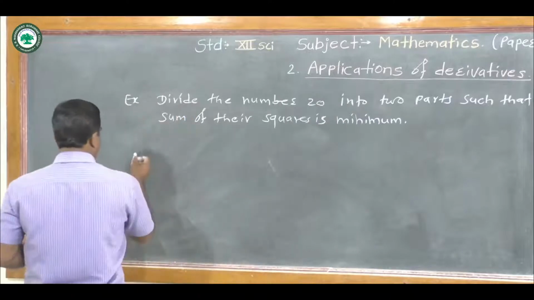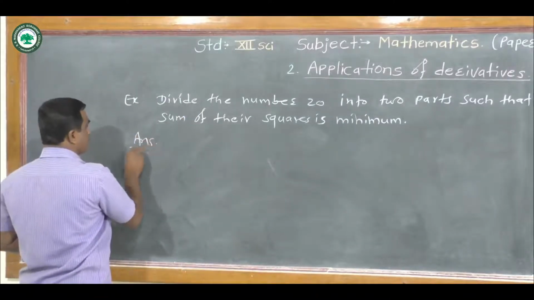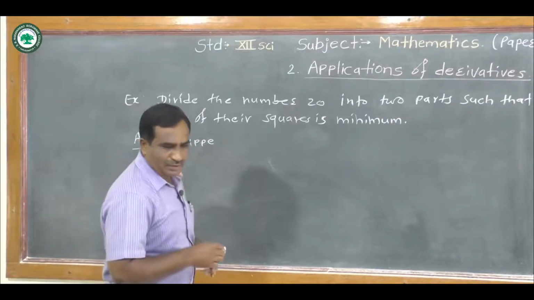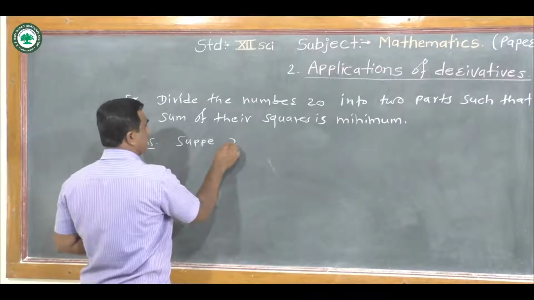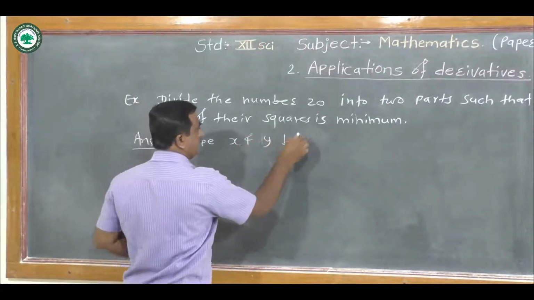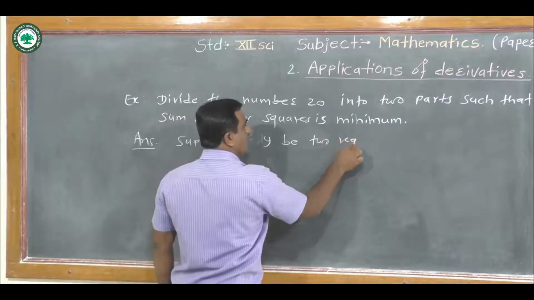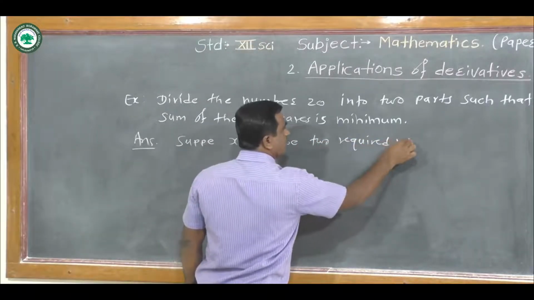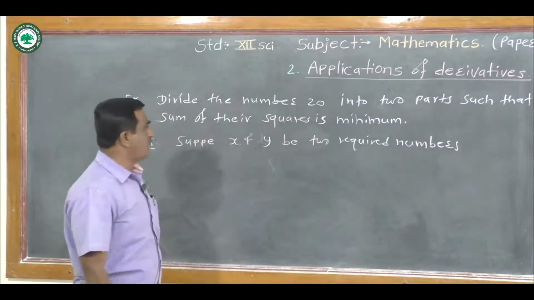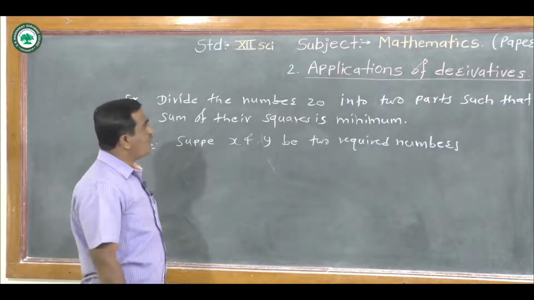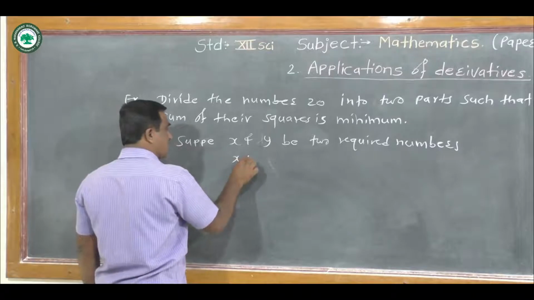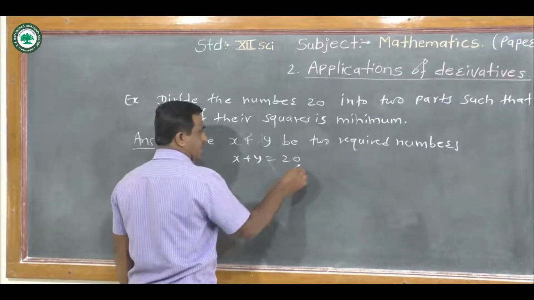Answer: suppose x and y be two required numbers, and we are given that the sum of these two numbers is equal to 20. That is x plus y is equal to 20.